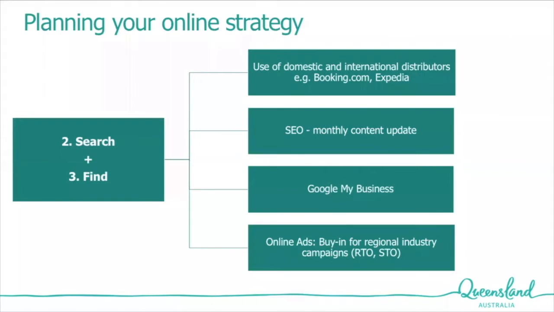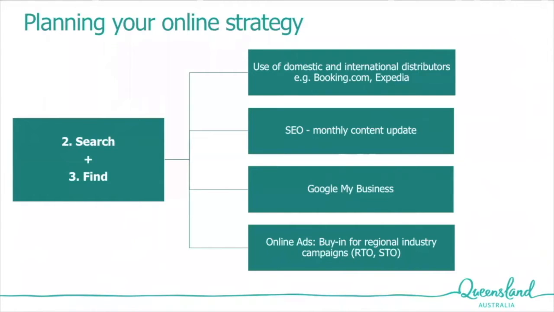Then moving on to the next stage of search and find. It may be that a Facebook strategy is really important for your particular personas, as well as the use of domestic and international distributors. Certainly, search engine optimization is going to be important for everyone, as is Google My Business.